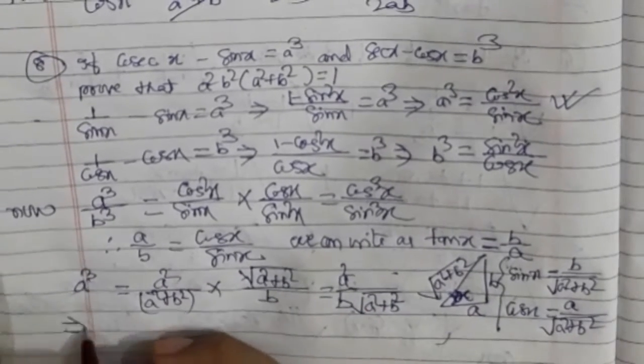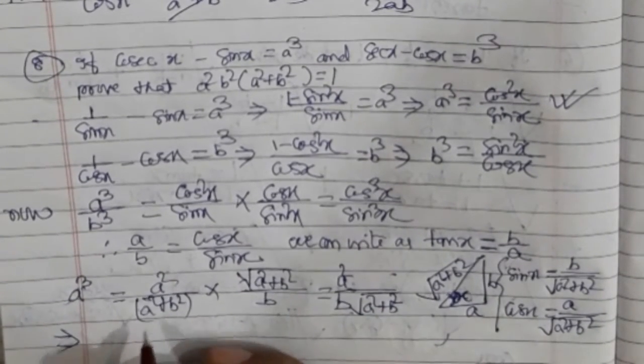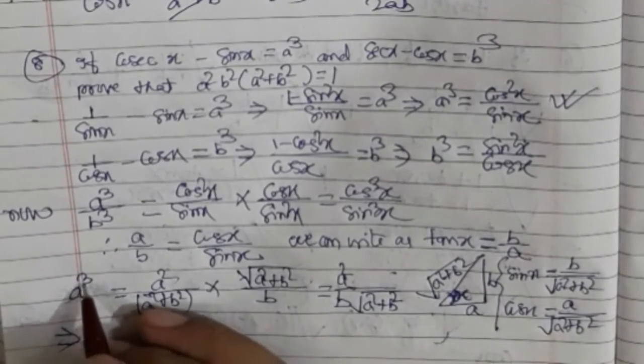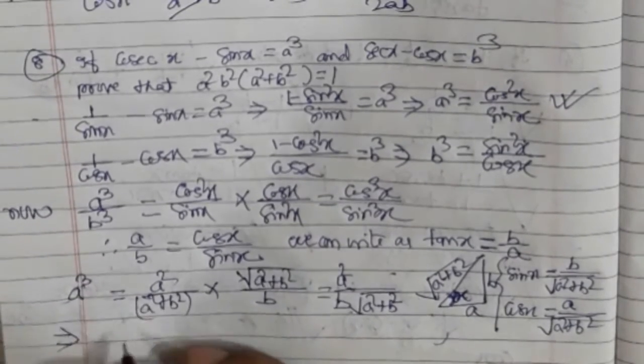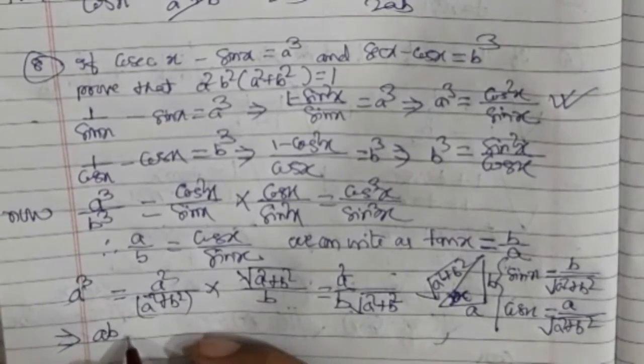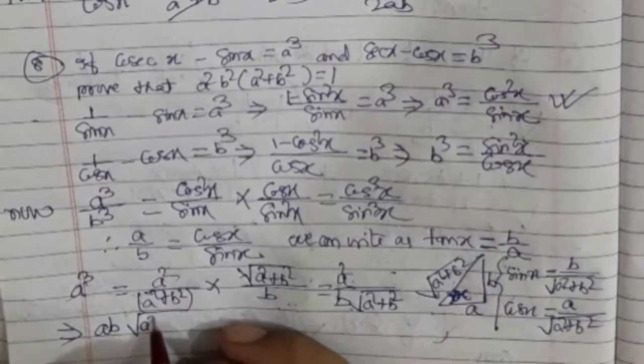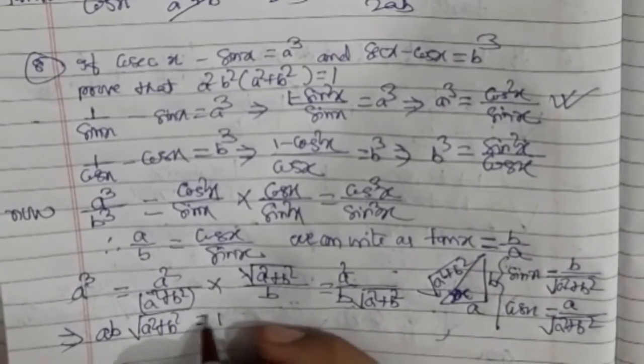This we can write as a square, and a square will cancel from here. We will be left with one a, that is ab root over a square plus b square is equal to 1.